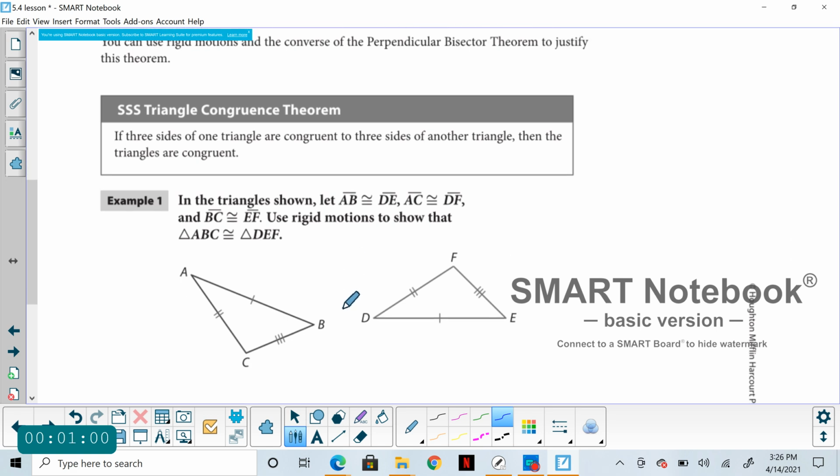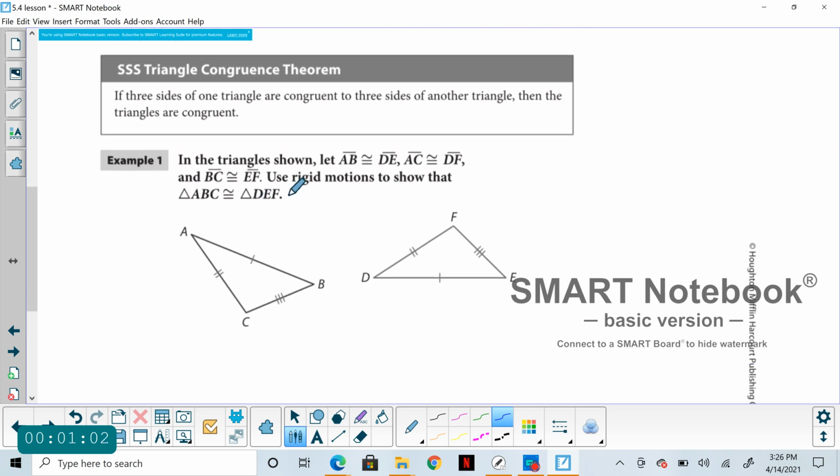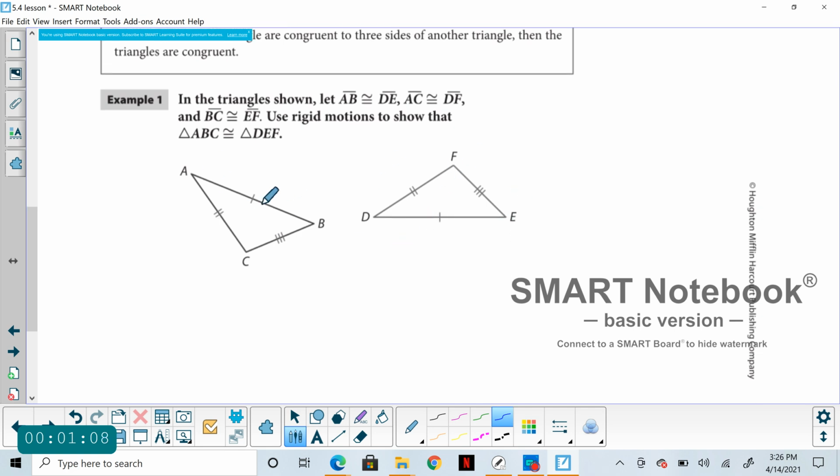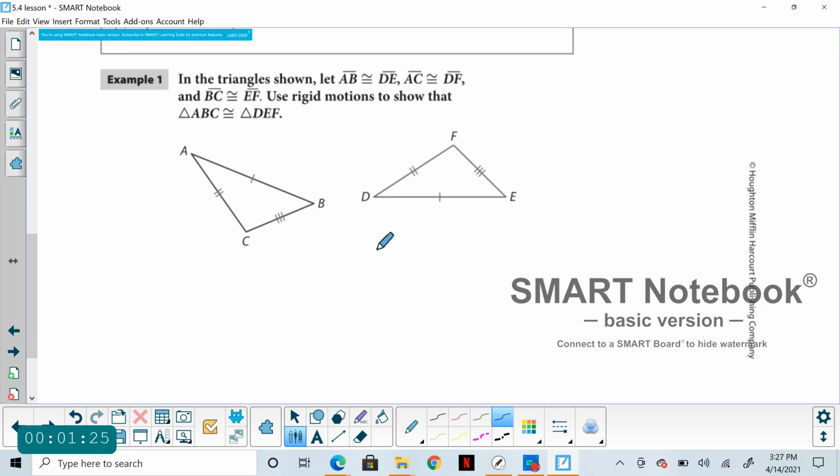So in this example, we have triangles that say AB is congruent to DE and AC is congruent to DF, and we have BC congruent to EF. See our little tick marks or hatch marks. So triangle ABC is congruent to triangle DEF.